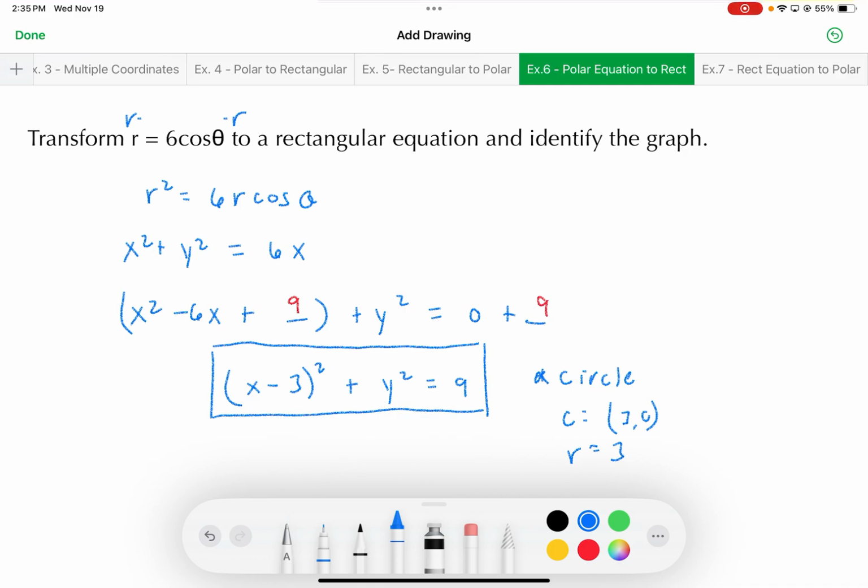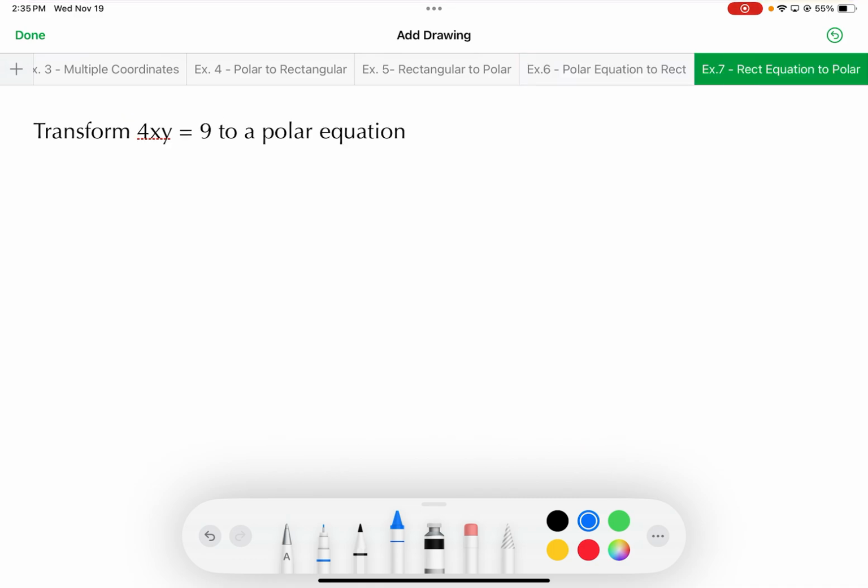All right, and then the last one, we're going in the other direction. 4xy equals 9, that's rectangular form. It's a rational function. I want to go to polar form. So I replace x with r cosine theta. I replace y with r sine theta. And then I manipulate this. This is r squared times 4 cosine theta sine theta.